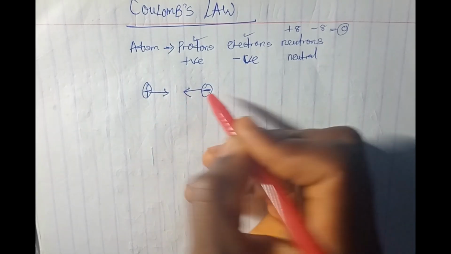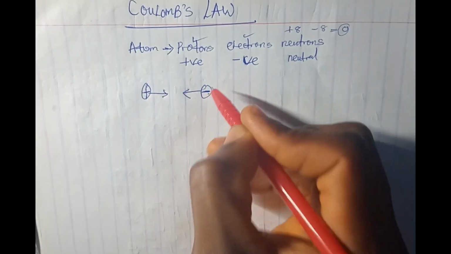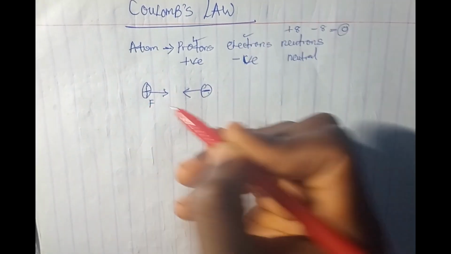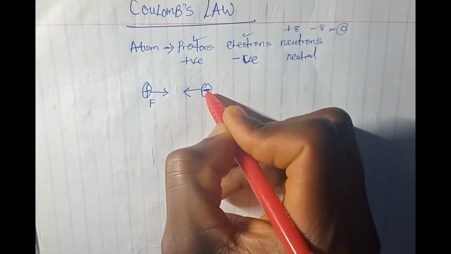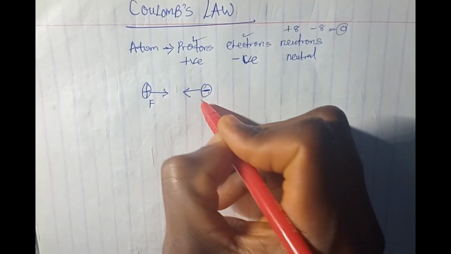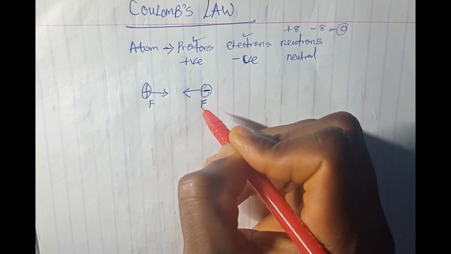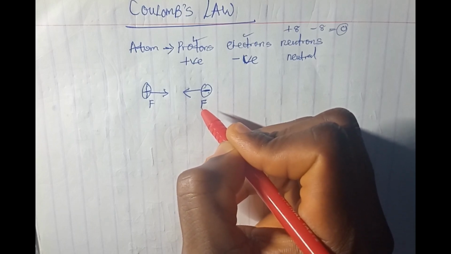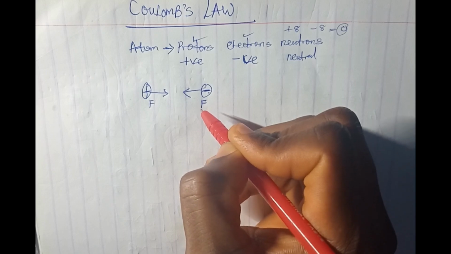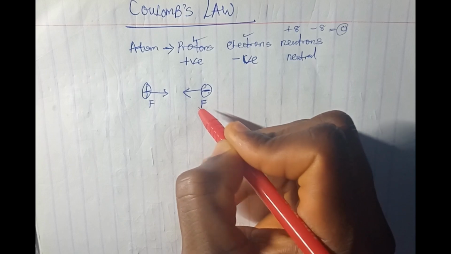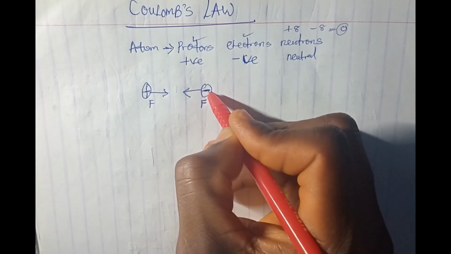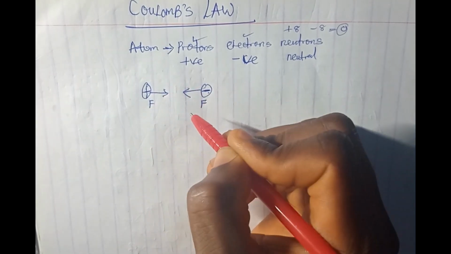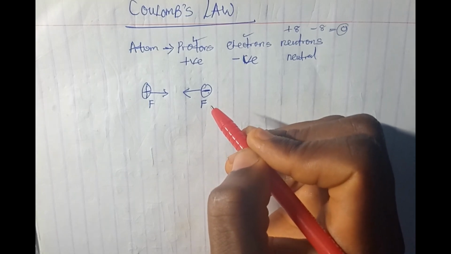So this positive charge will attract this one with a force. This force is the same thing that this negative charge will attract this one with, equally the same force. From Newton's third law of motion, we were told that action and reaction are equal but opposite in direction. So, when this acts on this, this reacts on this, but their directions are opposite to each other. Is that clear?